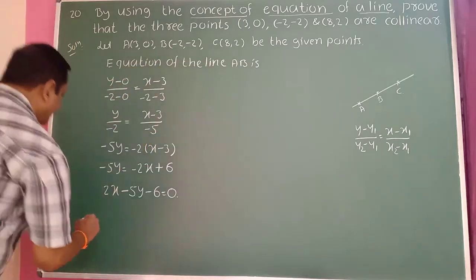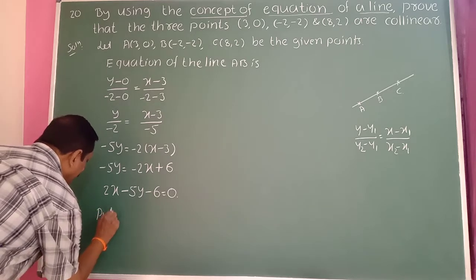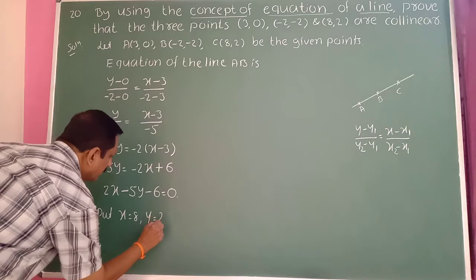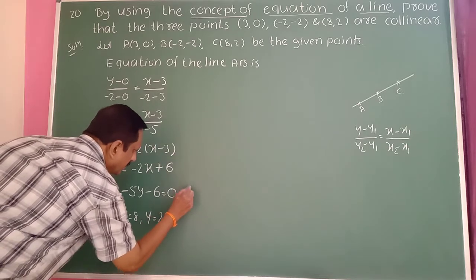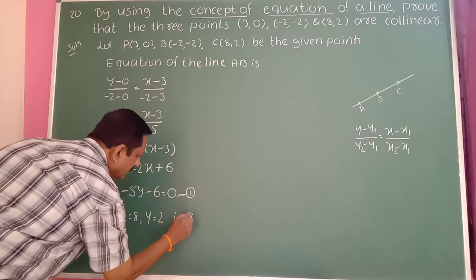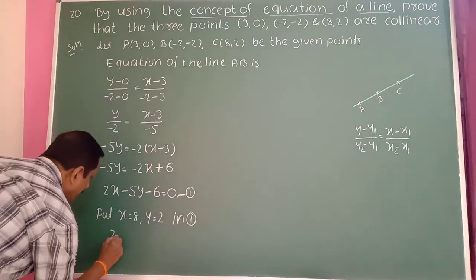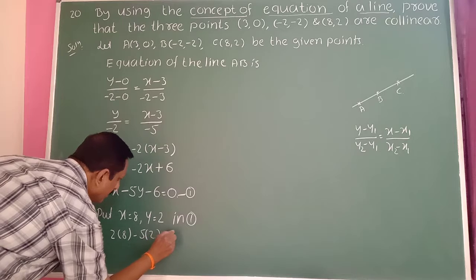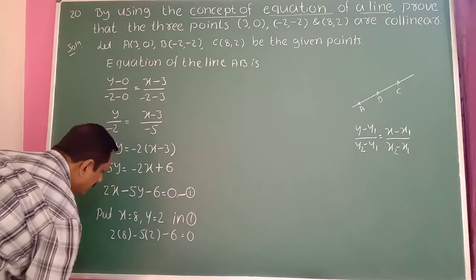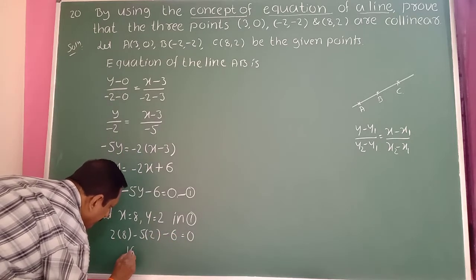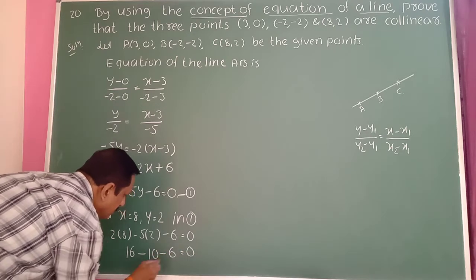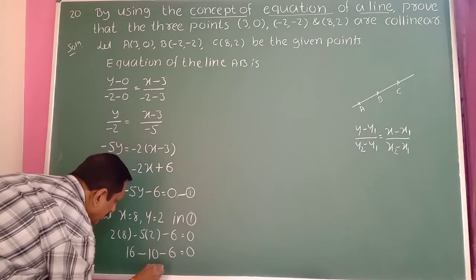Okay, therefore put x is equal to 8, y is equal to 2 in equation 1. Therefore 2 into 8 minus 5 into 2 minus 6 is equal to 0. 8 twos are 16, 5 twos are 10, minus 6, is equal to 0. Hence 0 is equal to 0.